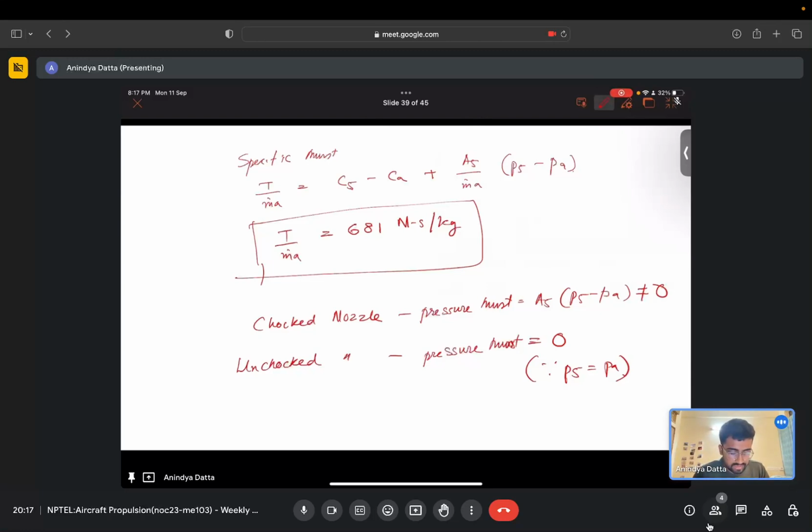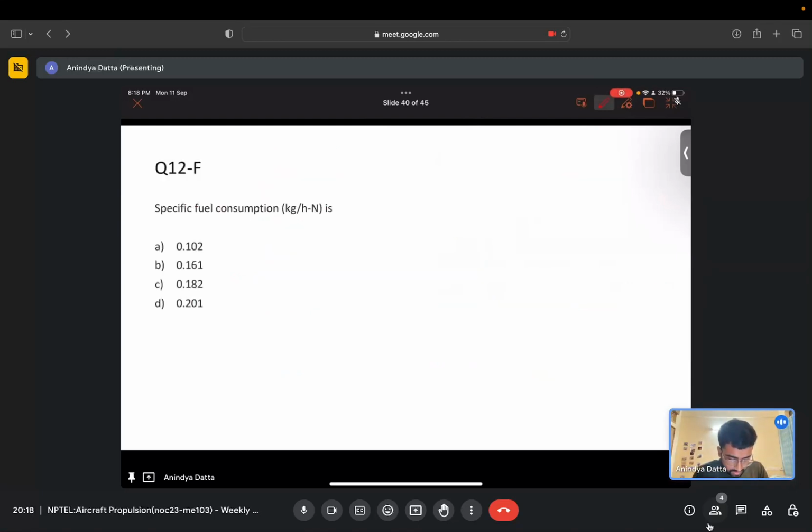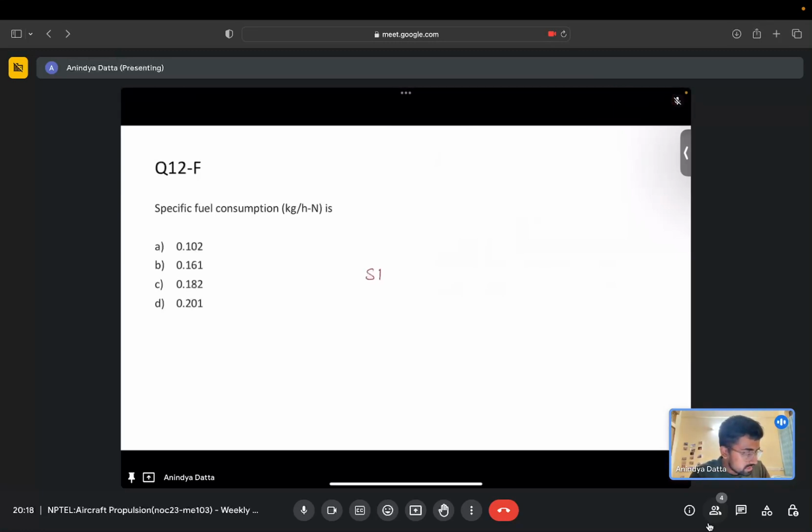Else if the nozzle is unchoked, your thrust is mass flow rate times the difference in velocity at the nozzle exit and the aircraft inlet. So I guess this is the last part of the question. This is specific fuel consumption, SFC.